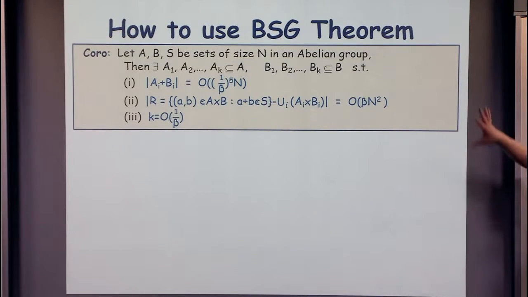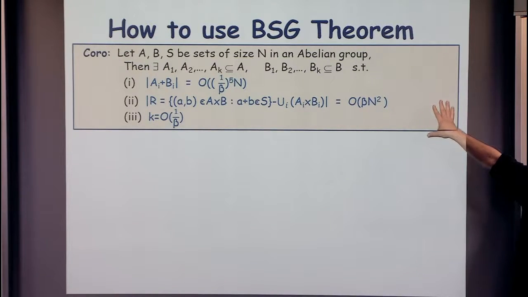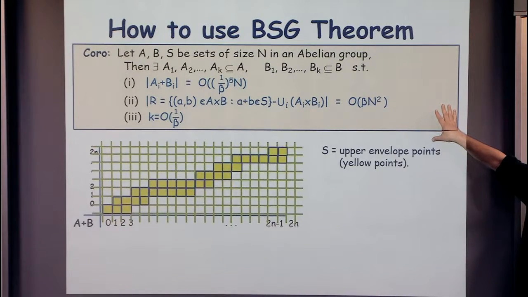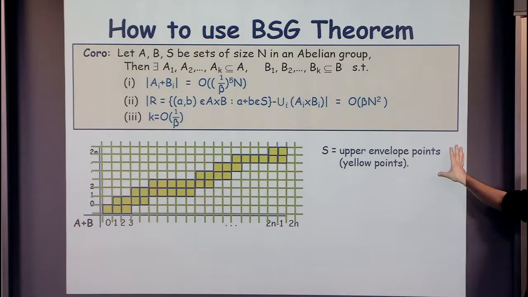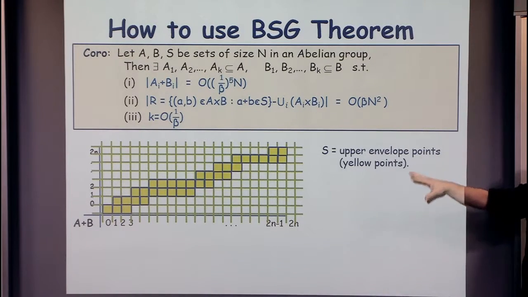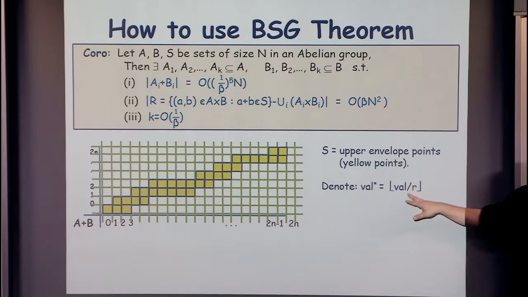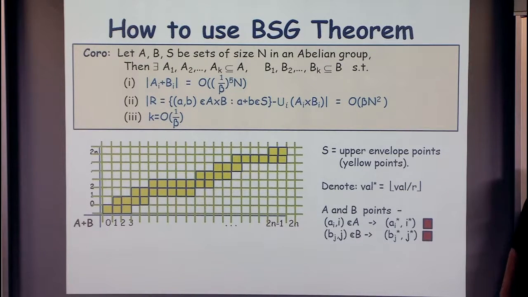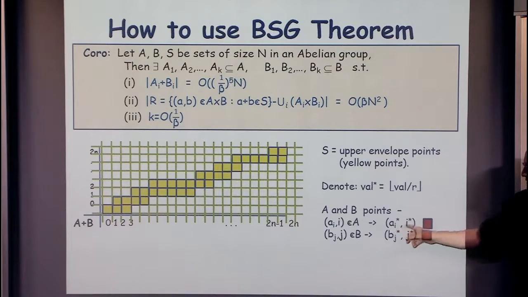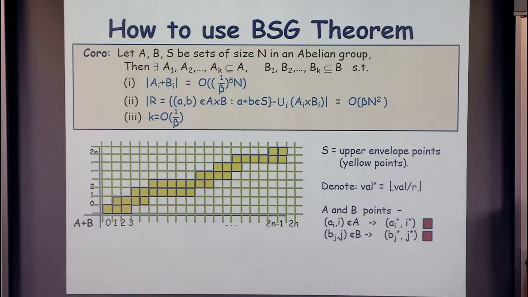Okay, so we're using this corollary which we had before, which is from the Balog-Szemeredi-Gowers theorem, and we're taking our S. Our S is the upper envelope points, these yellow points. And what we're going to do is we have this rounded down value, which we denote by rounding down divided by r. So in other words, we're taking the points from A and B, and if we have a point (a_i, i), we're rounding it down and rounding down the i as well, and the same with the B points.